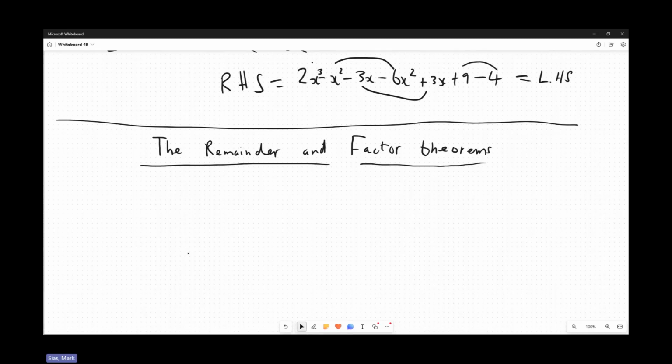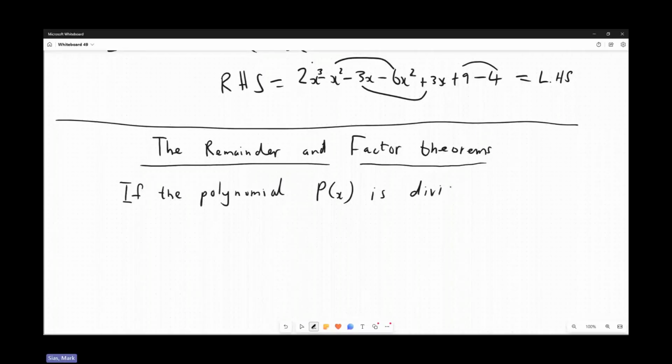So the remainder and factor theorem, look at this, guys. If the polynomial p of x is divided by the linear divisor x minus c, then the remainder r of x, the remainder, is what?